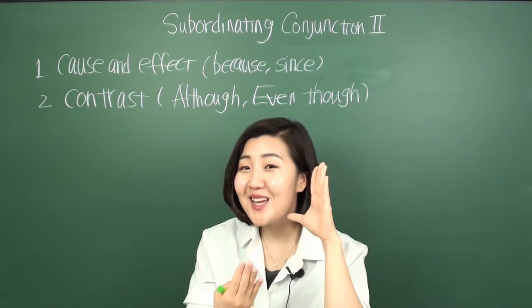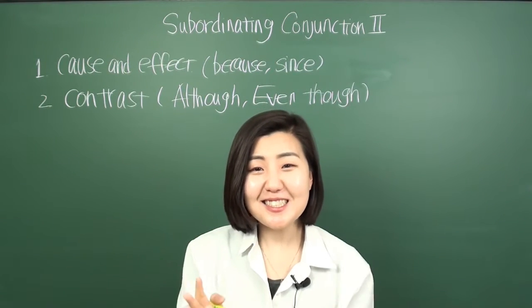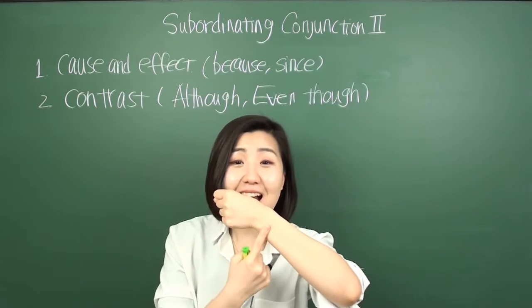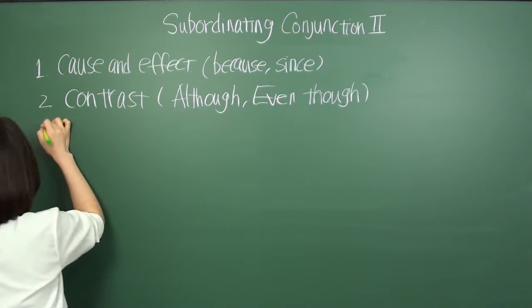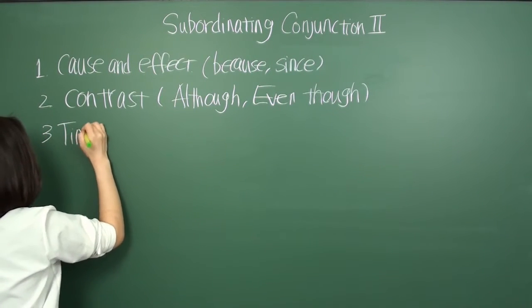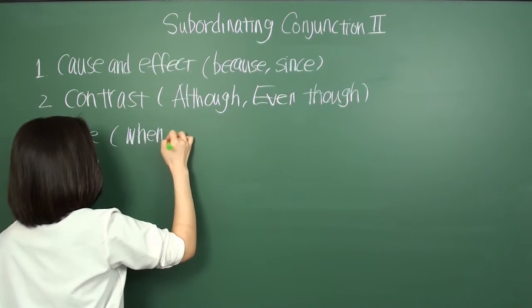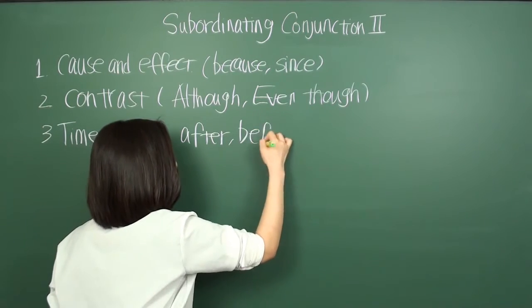Tell me. Good. Time. Okay, let's write down number 3. Time. And the subordinating conjunctions that we can use here are when, after and before.